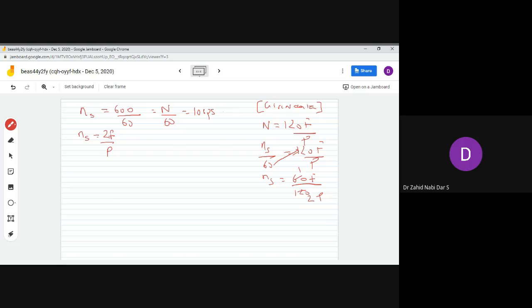Something wrong has happened. Wait one second. N is equal to 120 f by p.